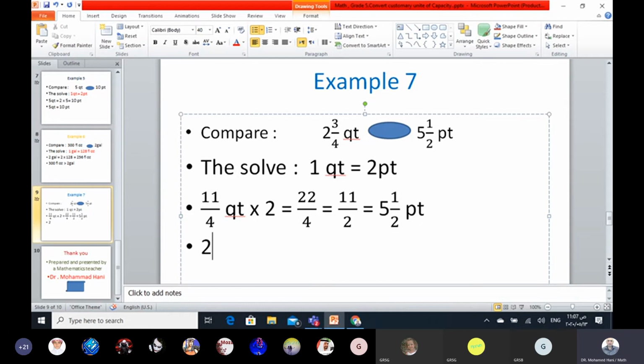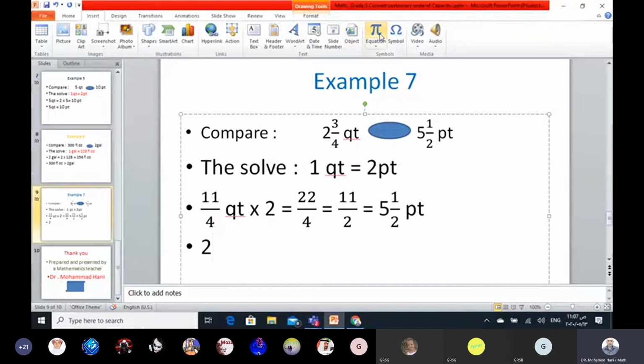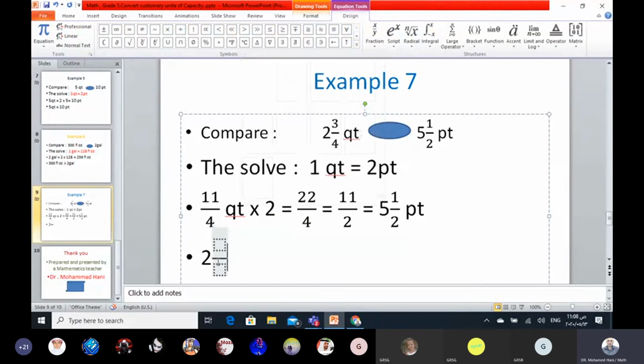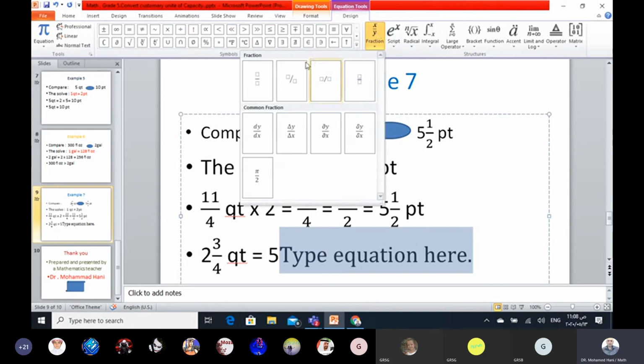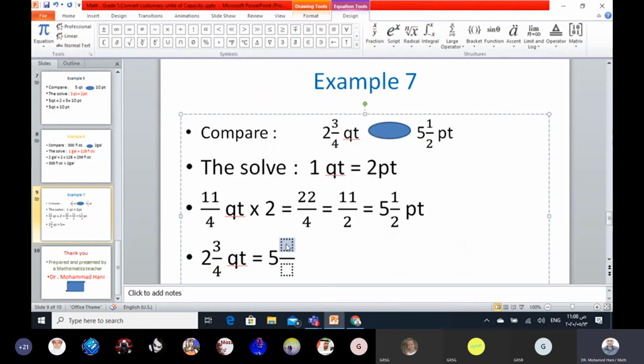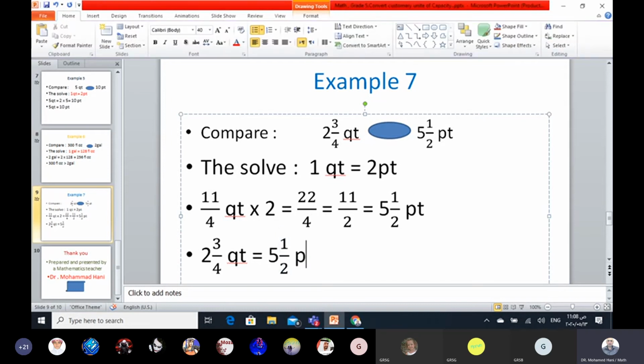So I can write here 2 and 3 over 4 quart, QT, equals 5 and a half PT. Okay, this is our lesson today.